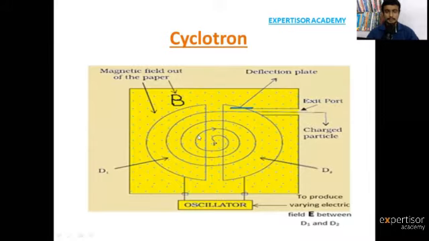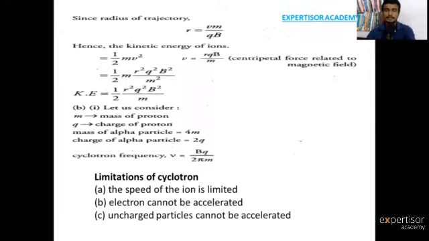When the particle moves in a circular form, there is a centripetal force and also a magnetic force on the particle in the magnetic field. So the magnetic force on the particle is F equal to qvB. Centripetal force F is equal to mv square divided by r. These two are equal.